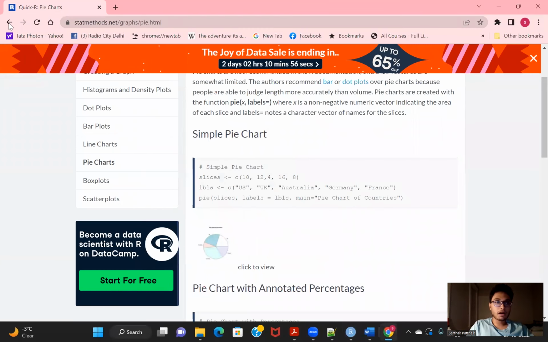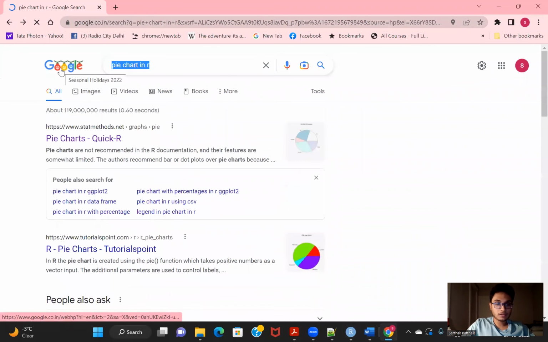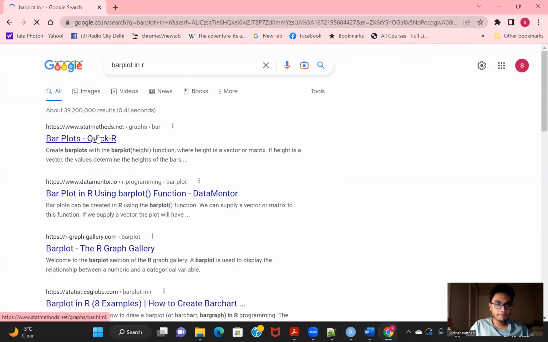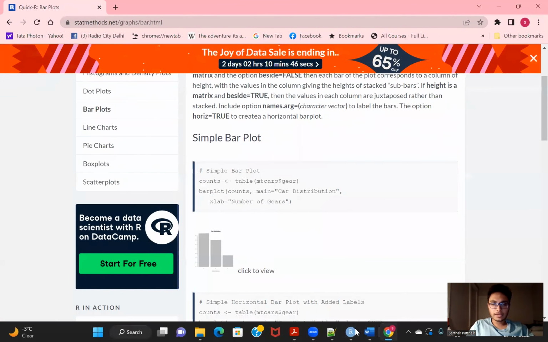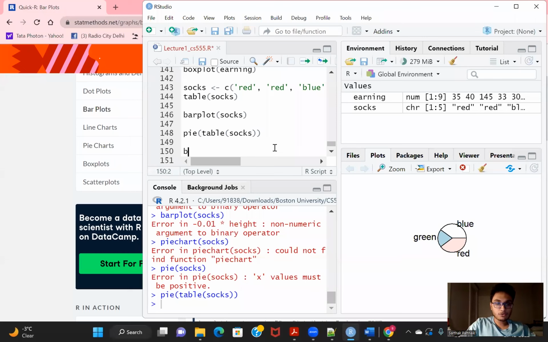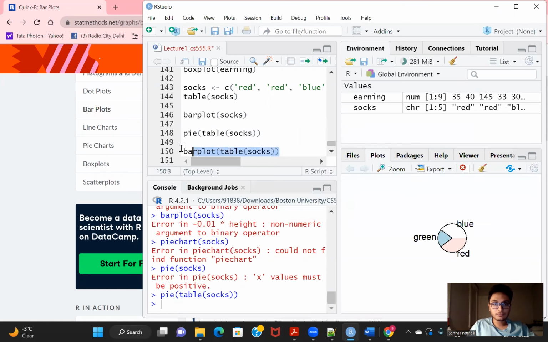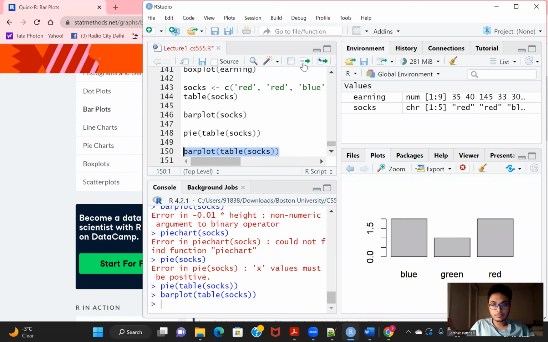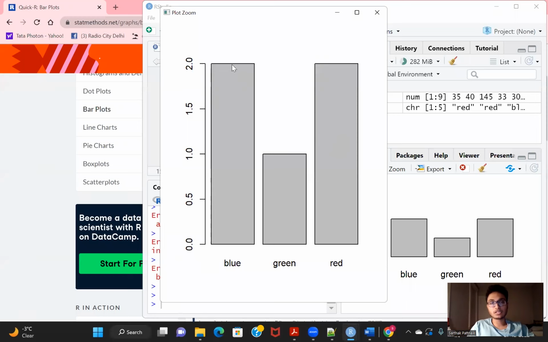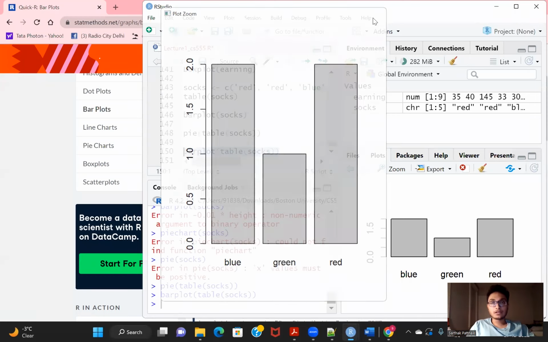And when it comes to bar plot, let me Google that as well. Again, in bar plots, I have to put my frequency value, not my categorical value. This is how a bar plot looks like. You have two observations of blue, two for red, and one for green.